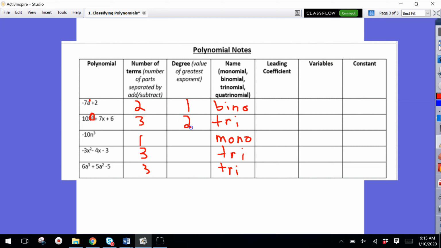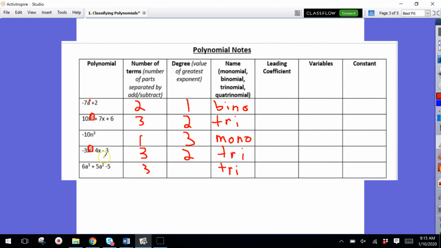So this trinomial has a degree of 2. The highest exponent in this polynomial is 3, so this polynomial has a degree of 3. And then here we have a highest exponent of 2, so this trinomial has a degree of 2 as well. So the first and the fourth are very similar.